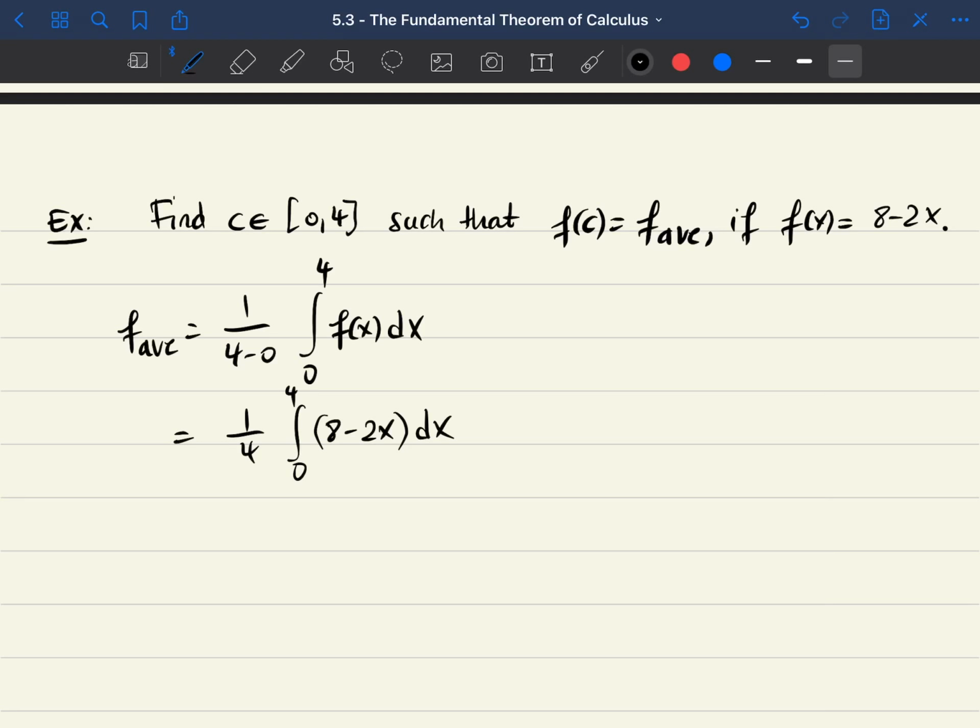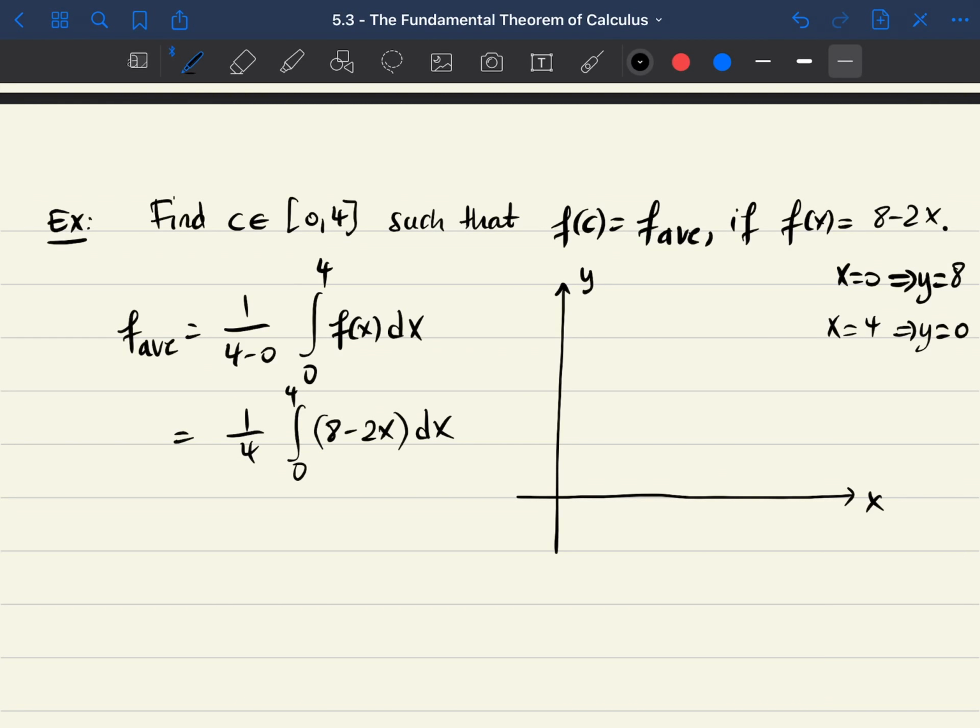You can actually also use the Riemann sum, but that's going to be a longer process. So let's just use geometry. Here is x and here is y. So when x is 0, we have that y is going to be 8. And when x is 4, you have that y is 0.